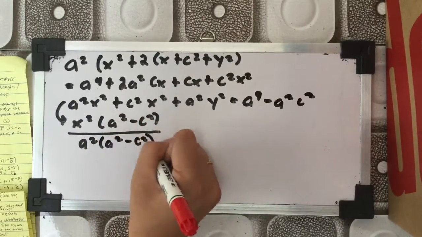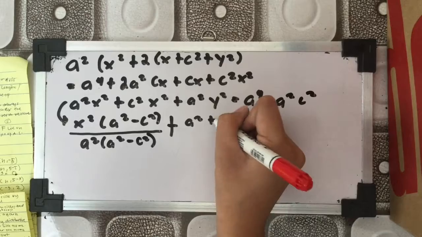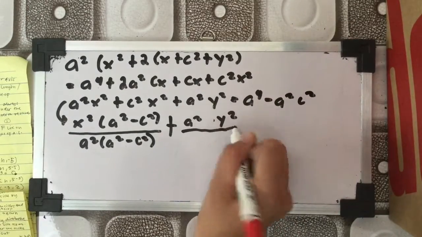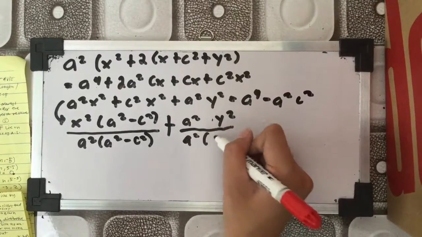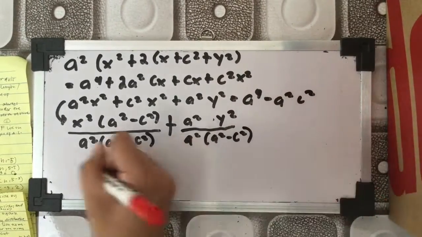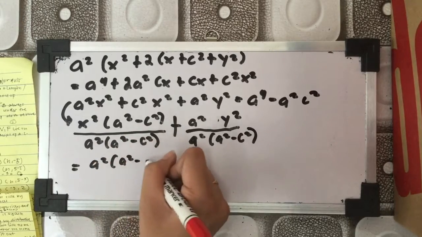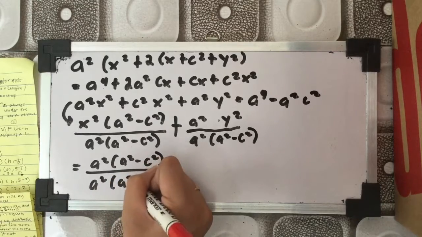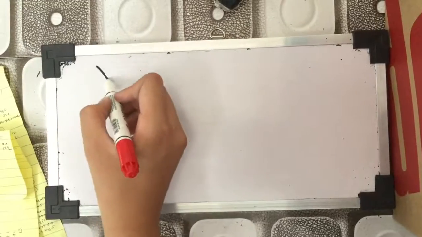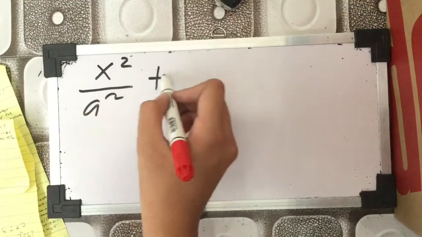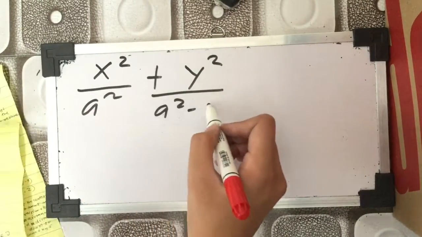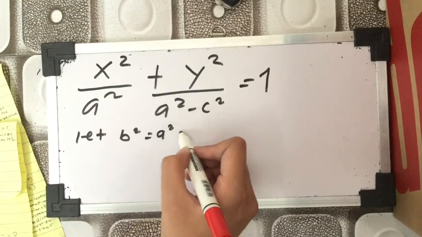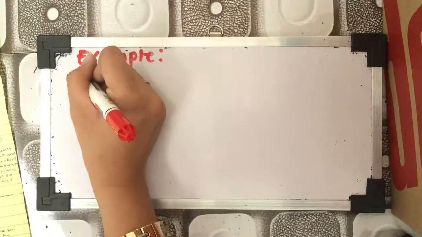After which, divide both sides by a squared times the quantity (a squared minus c squared), then cancel. So, after dividing, write the remaining terms, and if we cancel a squared times the quantity (a squared minus c squared) over a squared times the quantity (a squared minus c squared), it will be equal to 1. This results in the standard form of an ellipse, which is x squared over a squared plus y squared over b squared equals 1.